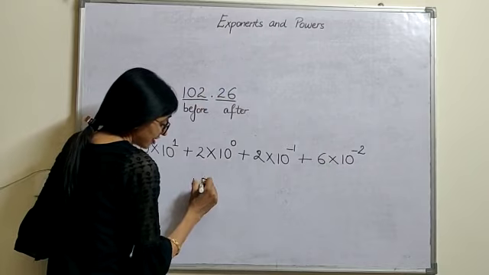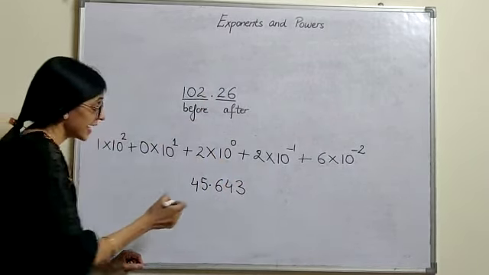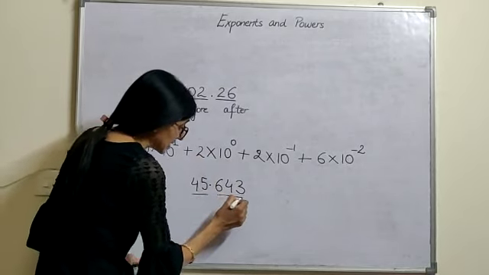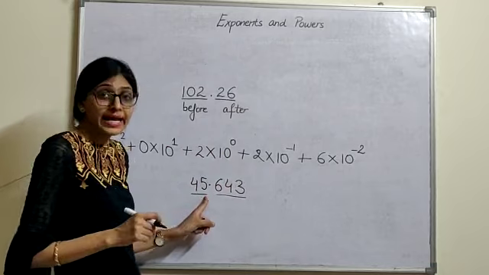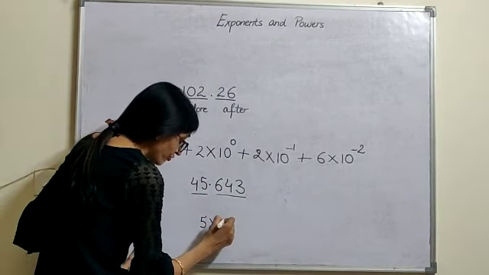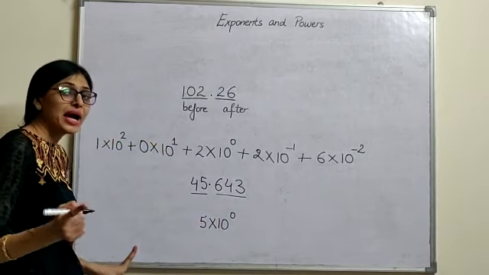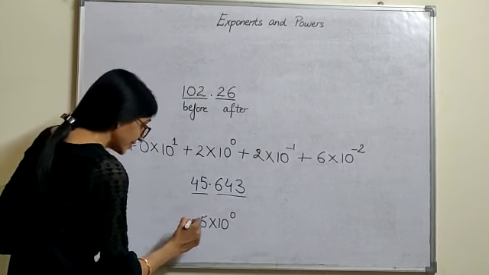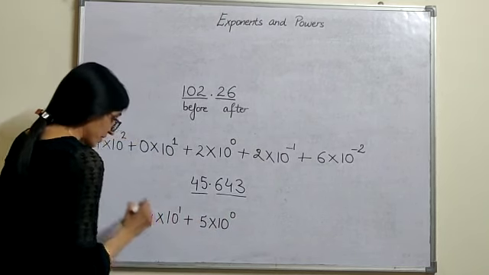Suppose it is 45.643. Again, this is before decimal, this is after decimal. Before decimal, start from right hand side. So 5 into 10 raised to power 0. We have to start from 0. Then what we have to do? We have to add 1 in the power of 10. So 10 raised to power 1 into 4.